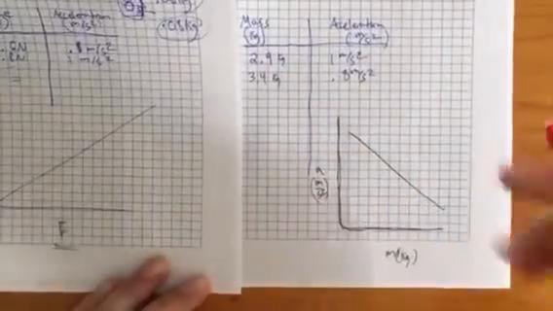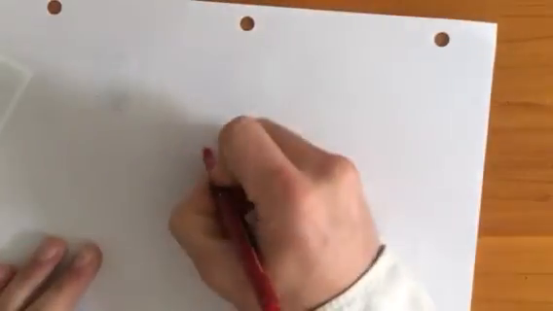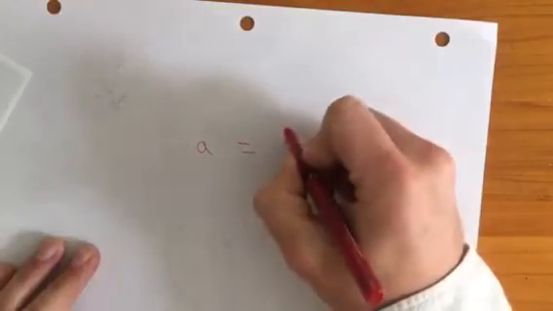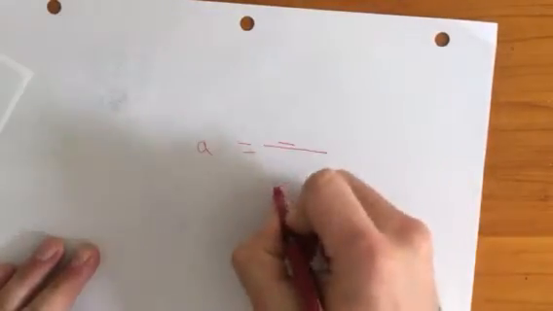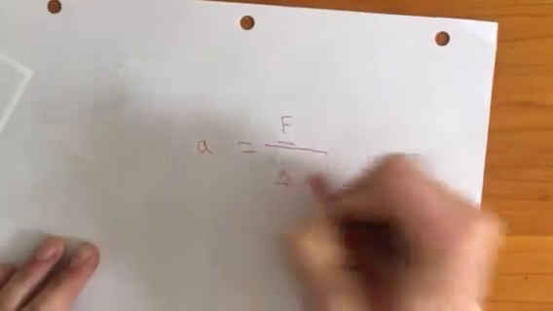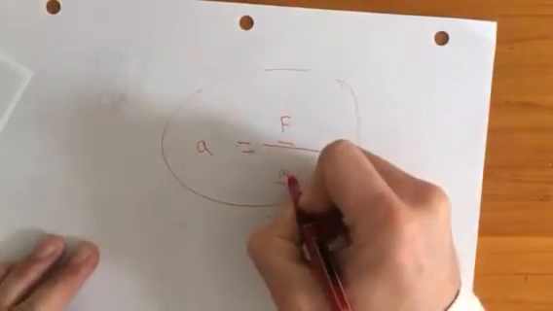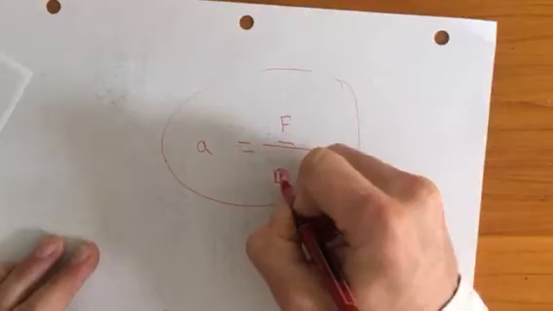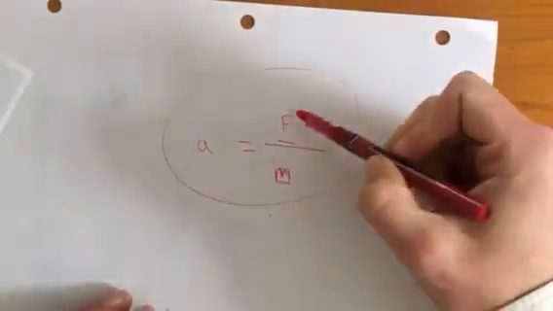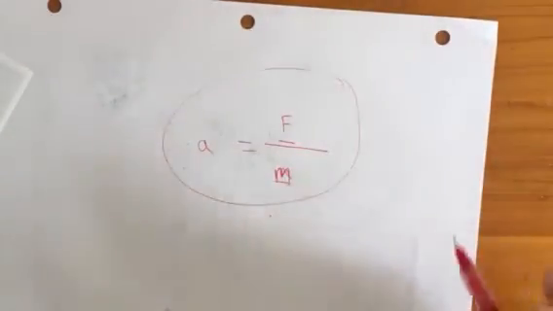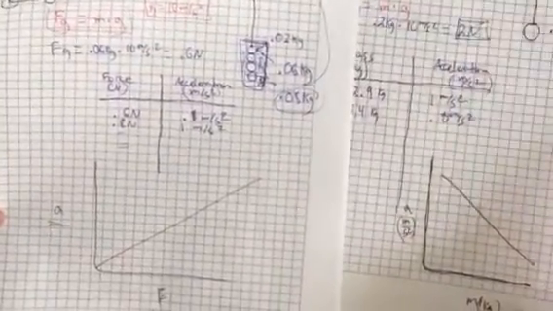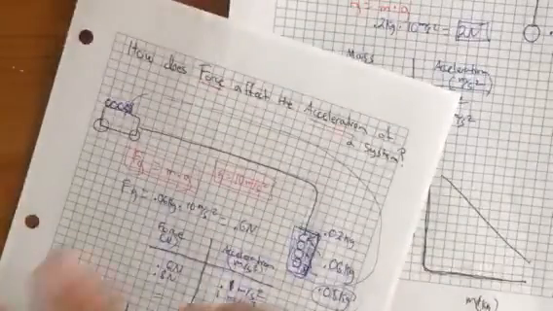How were we able to figure out that a equals F over m? How were we able to put force in the numerator and mass in the denominator? How could we have figured that out by just looking at our data? And that's a question to think about tonight. Until next time.